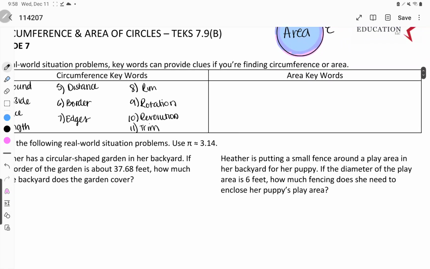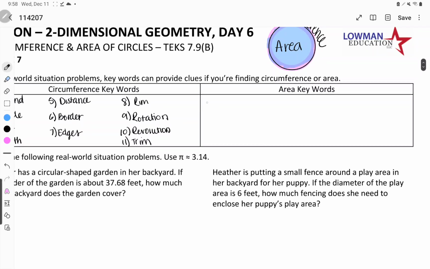Now, when we talk about area, that is the space inside of your circle. So if it says inside, or a big one is square units. That's a huge one. If it says square units, then you know you're finding area. If it says tile, paint, because when you paint, you're covering the entire surface.